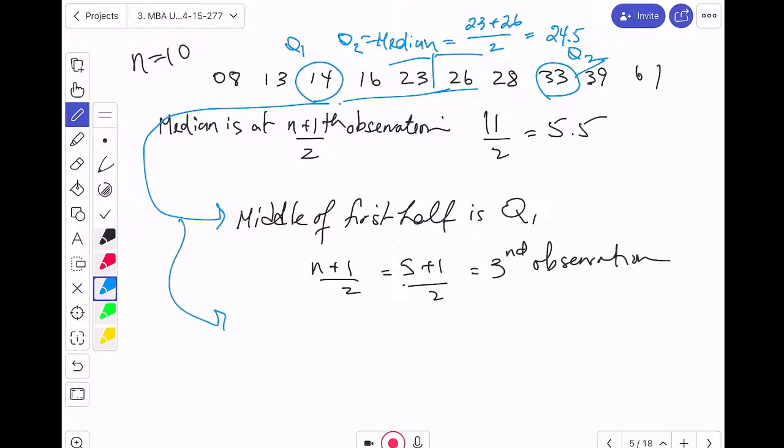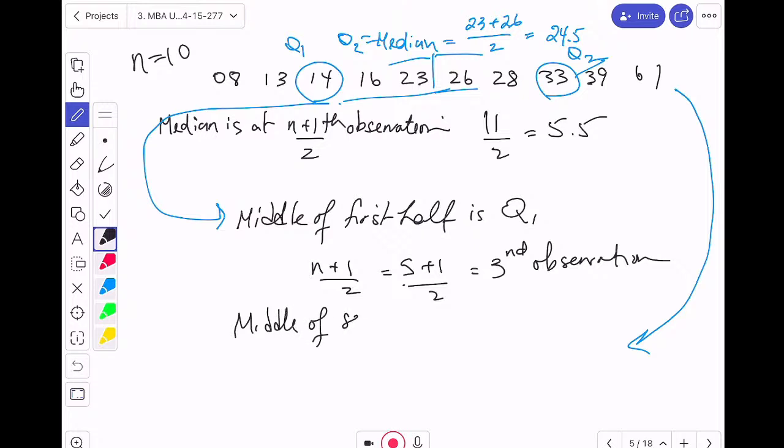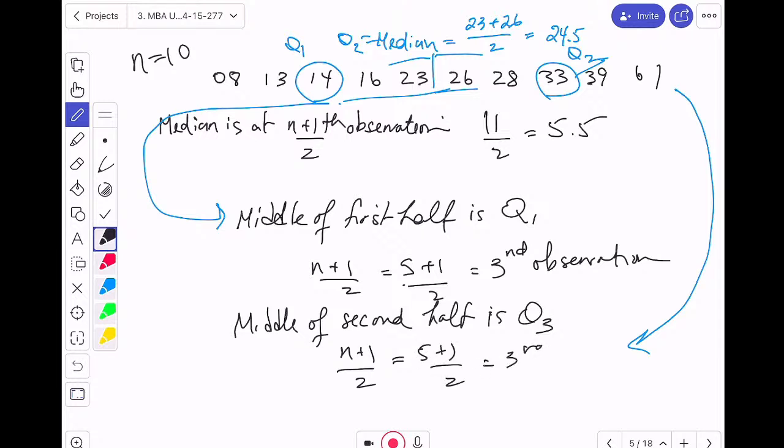And also for the middle of the second half, that is Q3. Again, n plus 1 over 2 of the second half, that's 5 plus 1 over 2, or the third observation in the second half.